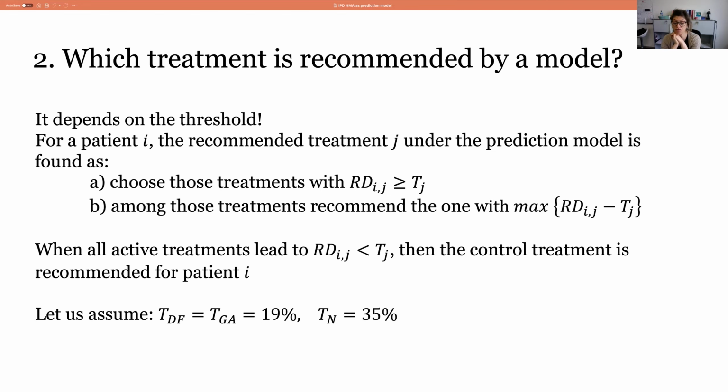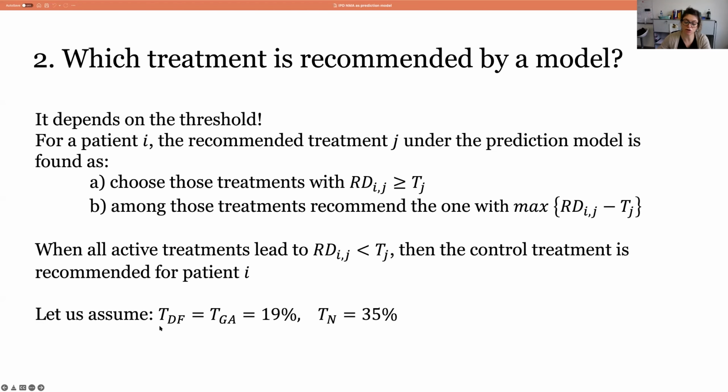So if none of the treatment effects exceeds the threshold, then the control treatment is recommended for that patient. And let's see an example where the thresholds for dimethyl fumarate and glatiramer acetate are 19%, and for natalizumab is 35%.